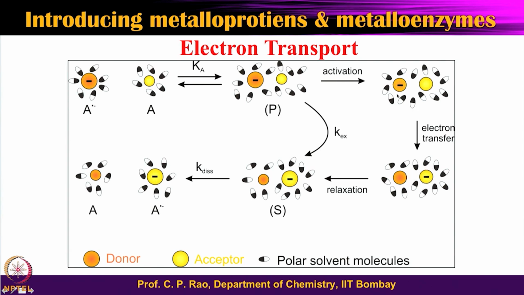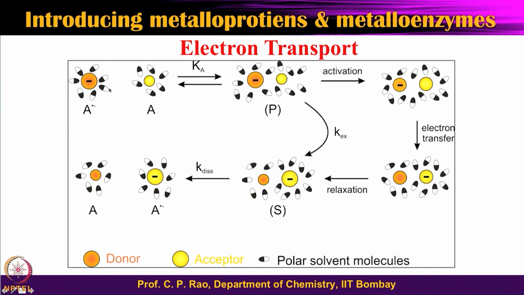The donor gives away the electron and gets oxidized, and the acceptor accepts the electron and gets reduced. Now you have a different complex, and this can rearrange back to a conformational state, which is called the relaxation, and then breaks down.